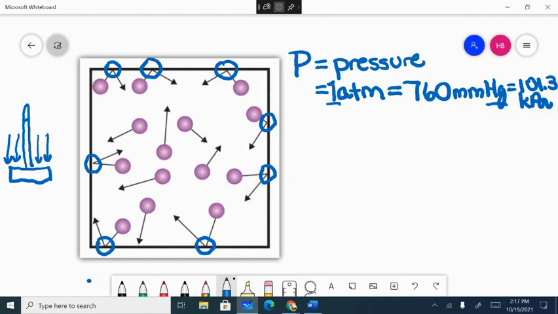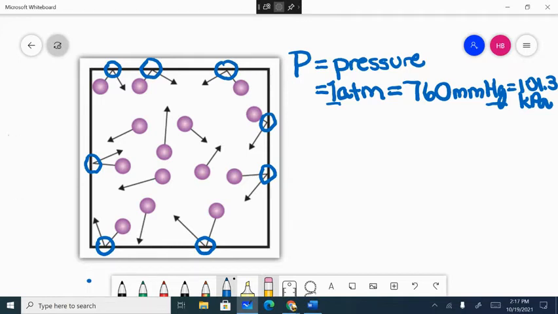Who knows what's in a vacuum? Nothing. No gas particles. So when they say millimeters of mercury, they're actually taking a ruler out and measuring the height of the column of mercury in either centimeters or millimeters. So you're going to see centimeters of mercury or millimeters of mercury. That's what that unit means. So one of our variables is pressure that we're dealing with all the time.